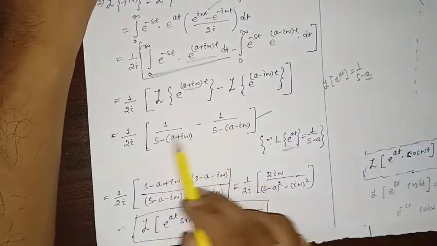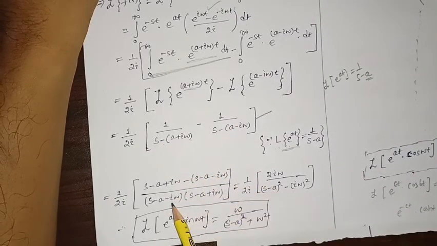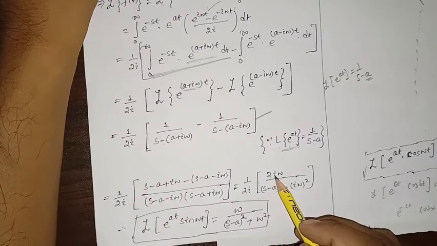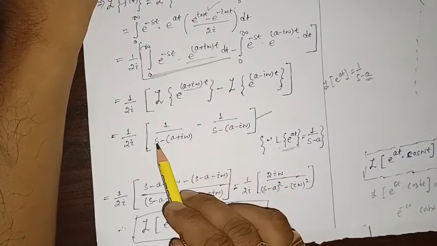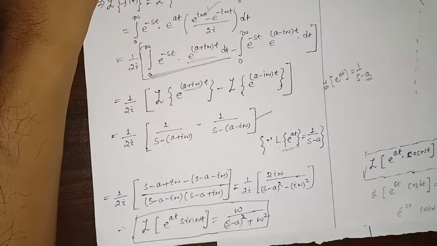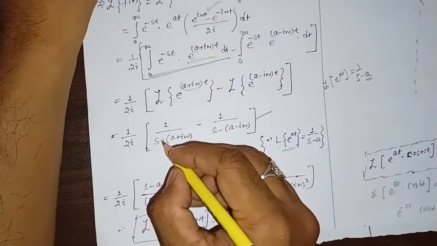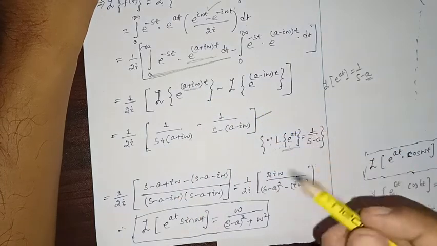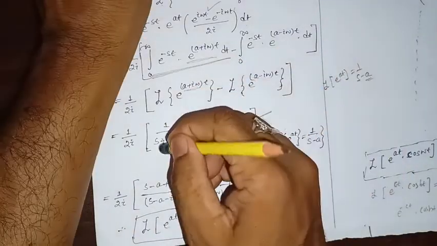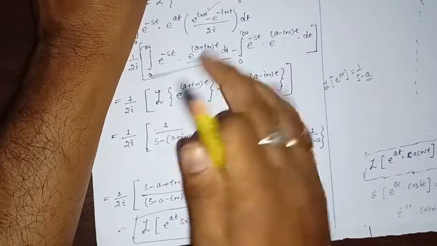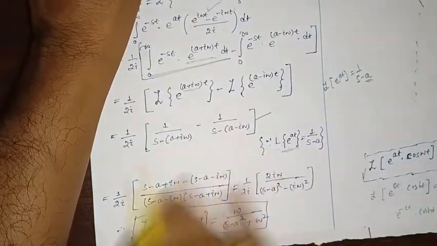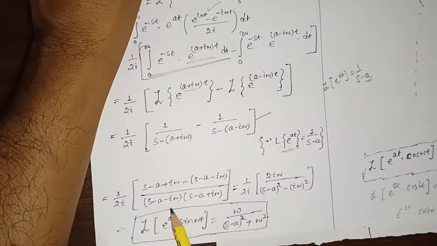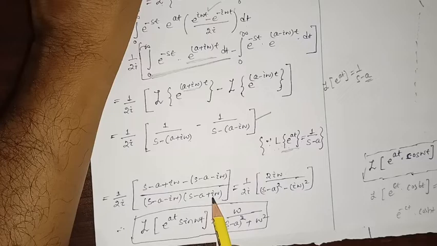You just subtract these two terms, and 1 by 2i is already there. So the numerator will be 2i omega. Here the denominator, in which way you have to write: s minus a, this will be minus I omega, s minus a, this will be plus I omega.